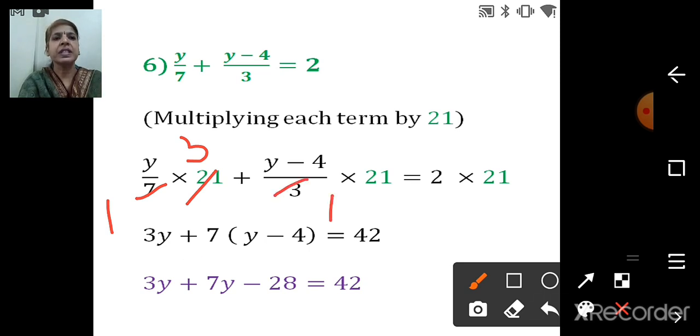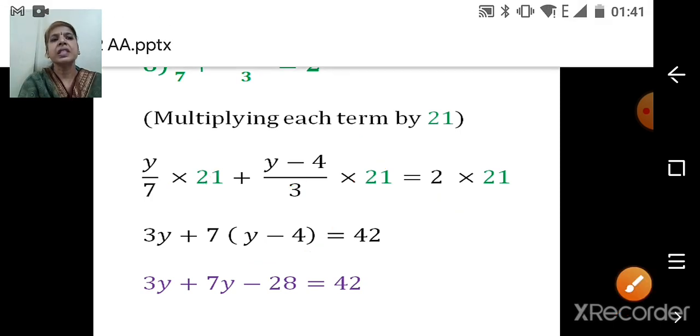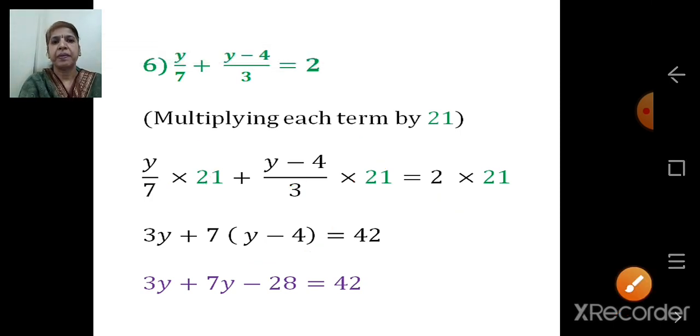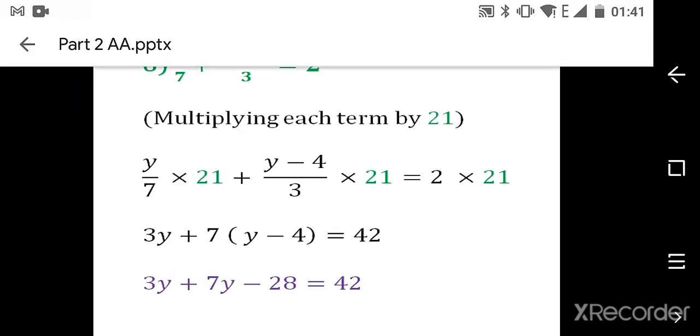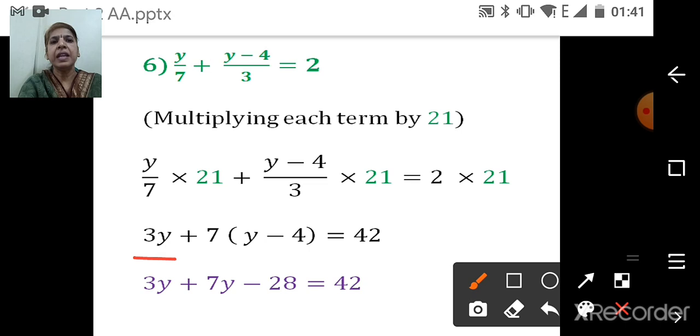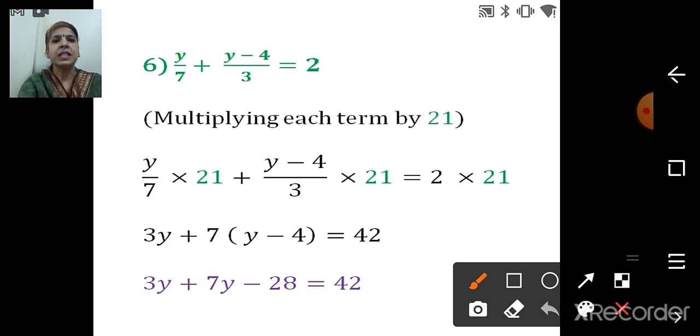Now here 3 1s are 3, 7s are 21. So y minus 4, full bracket, multiplied by 7, and 2 into 21 is 42. So we have got the step: 3y plus 7 times the bracket y minus 4 is equal to 42.